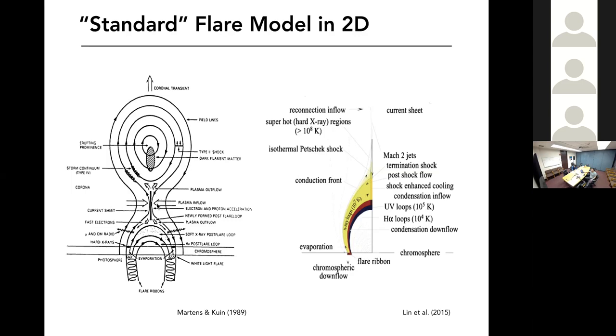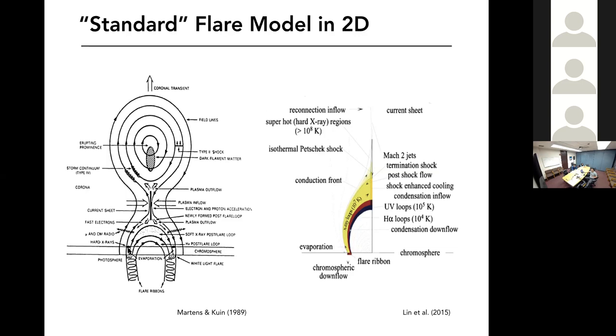For example, presumably what's left should have less free energy. And you would expect the loops to be less non-potential, or more potential. And also because of the reconnection, your loop connectivity will no longer be the same.